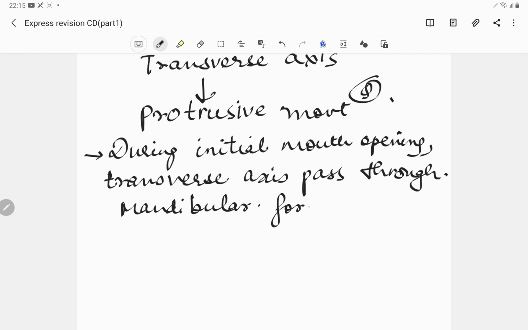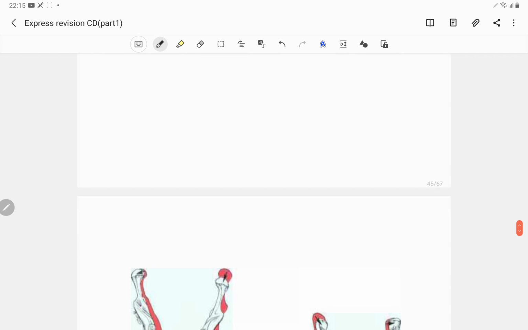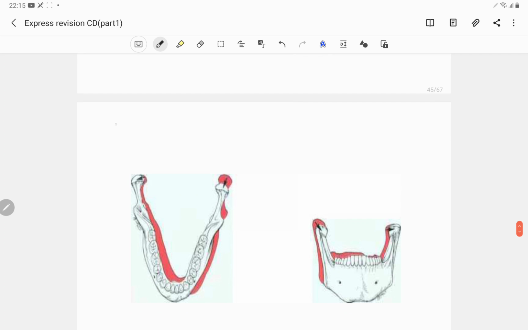Right. Now talking about the lateral movements.